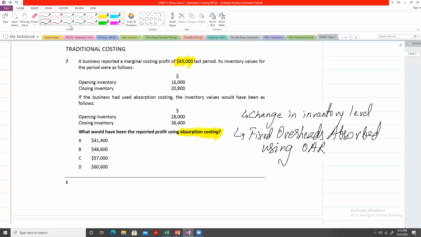So the two things that cause a change in profit are the change in the inventory level and, secondly, the overhead absorption rate. These are the two main items that cause differences in profits.